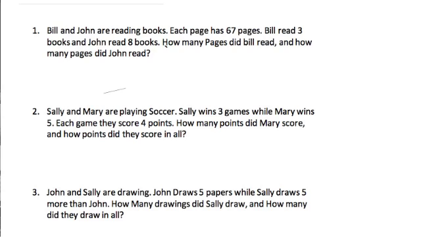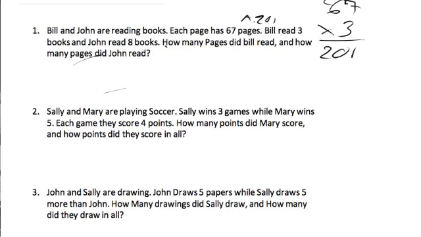So that means you got to multiply 67 times 3. Let's do it. So 3 times 7 equals 21. And 3 times 6 equals 18. Plus 2 equals 20. So that's 201 for Bill. He read 201 pages. That's the answer to our first question.